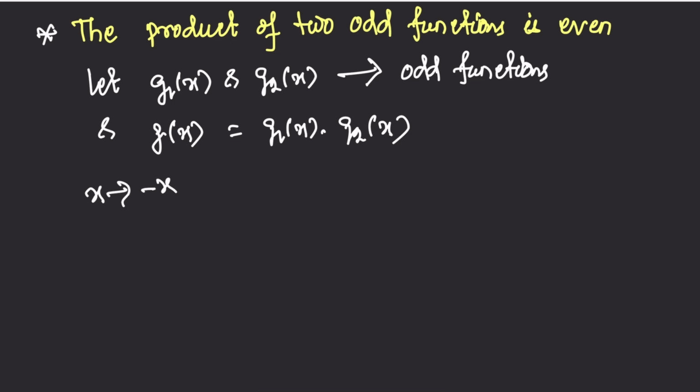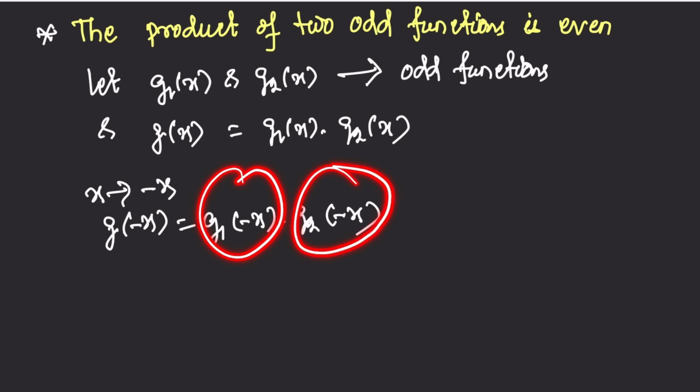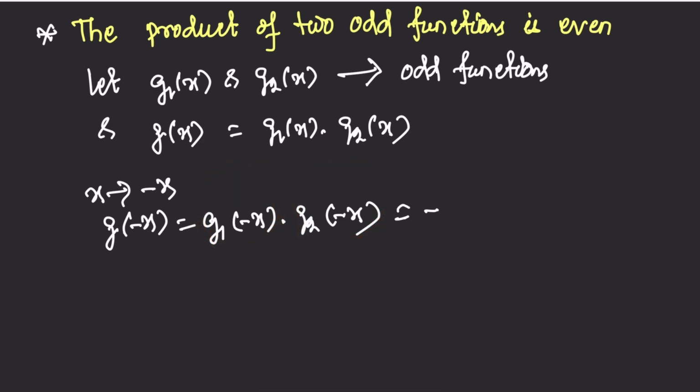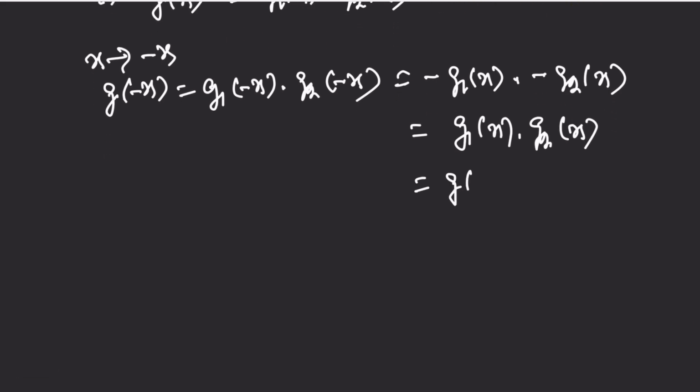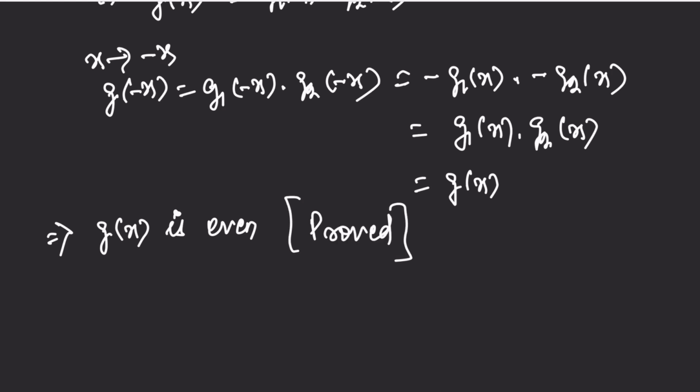Now replace x by minus x, we get, as g1x and g2x are odd functions, minus of g1x and minus of g2x, which is g of x. Hence, g of x is even. So the product of two odd functions is even.